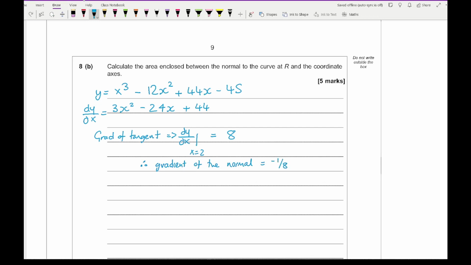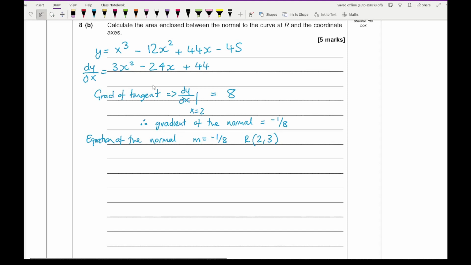Now what I then want to do is work out the equation of the normal. I know that m equals minus 1/8, and I know that it's the point R, which is at (2, 3). So if I substitute those numbers in, I can work out the equation of the normal.